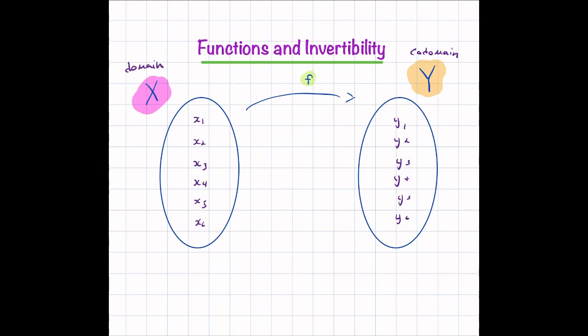So the domain is the inputs, and the codomain is not necessarily the outputs, but it's the set to which the outputs belong. The function f is taking in things from this domain set X, and it's spitting things out, and the things that it spits out will be in the codomain set Y. It won't necessarily be all of them, and we're going to get into that shortly.